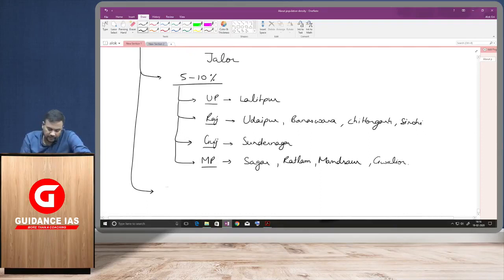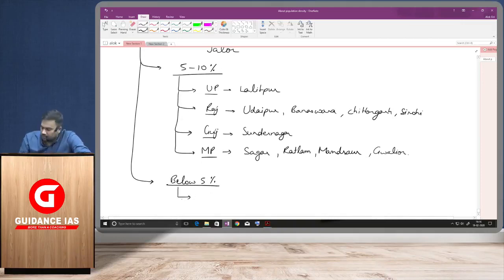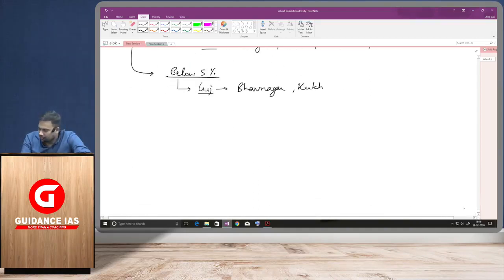Then there are areas where their concentration is below 5%. A number of areas: in Gujarat, it is Bhavnagar and Kutch. In Rajasthan, it is found in Bikaner, Bhilwara and Bundi.